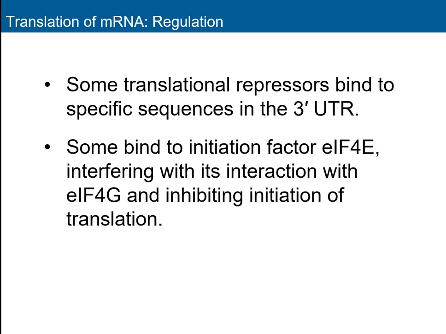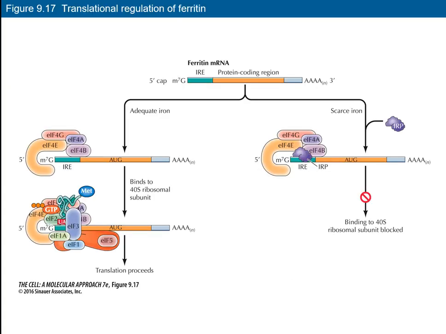It says here some translational repressors will bind to specific sequences in the 3' UTR. This is just one example. There are other types of repressor proteins like this that might bind to other specific sequences in the untranslated region of the mRNA transcript.